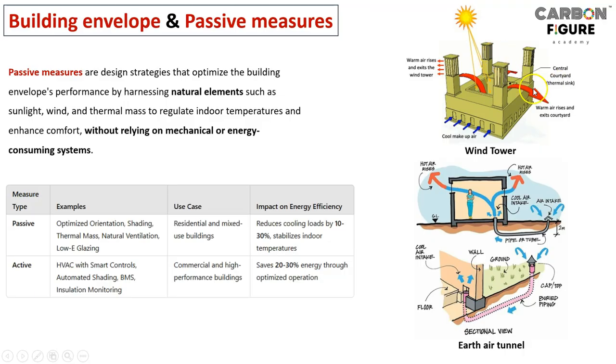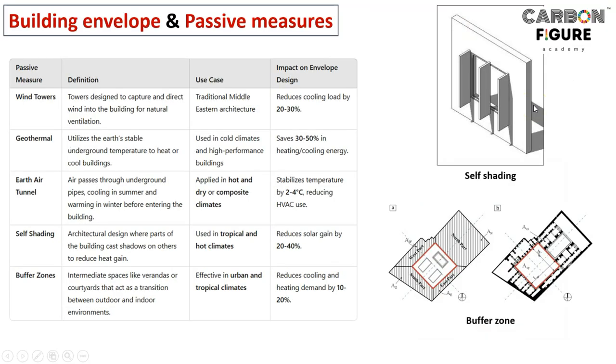So these wind towers are very simple to construct because these passive measures are to be designed while you are doing your design phase itself, right? Once the construction is done, you can't go for the passive measures so effectively.